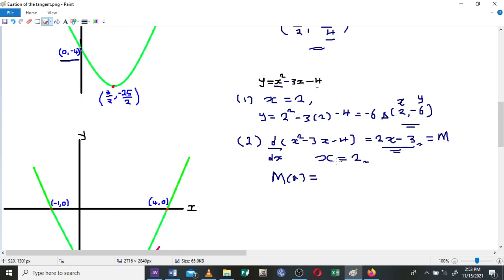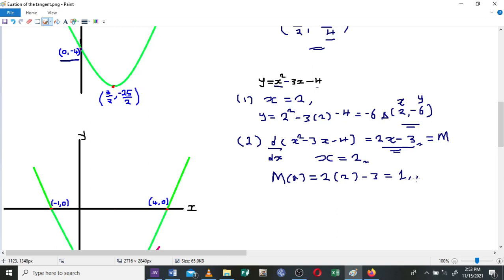So we have 2 times 2, minus 3, and that gives us the gradient as positive 1. So this is our gradient.